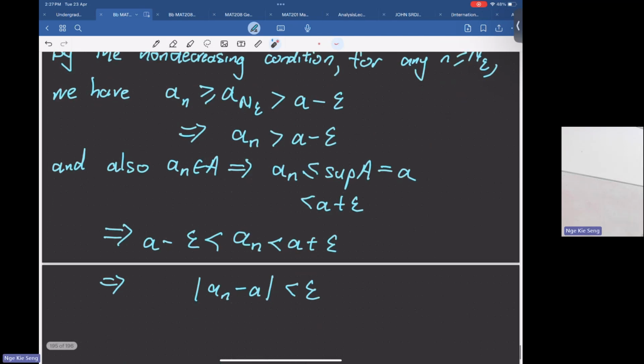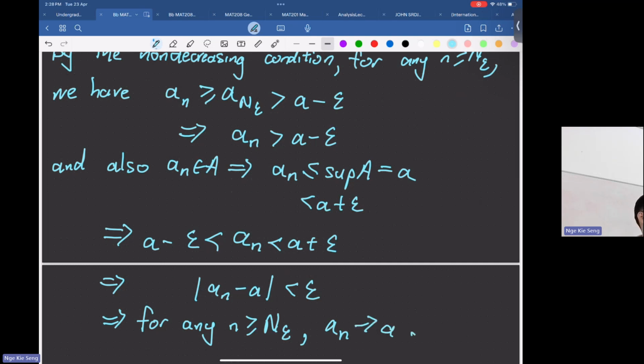This implies that for any n greater than N_epsilon, a_n converges to A. So we are using the property of the least upper bound to prove the convergence of the sequence.